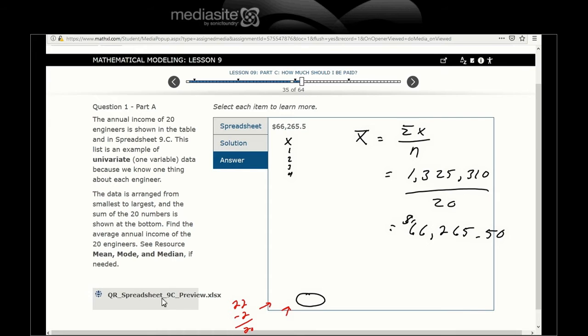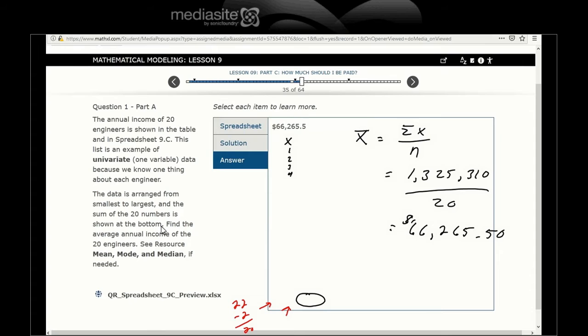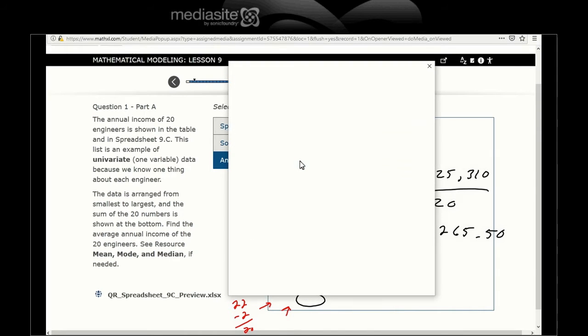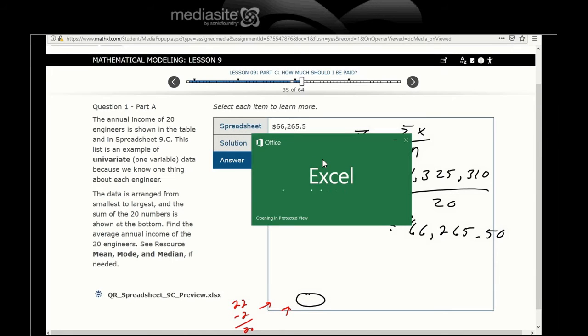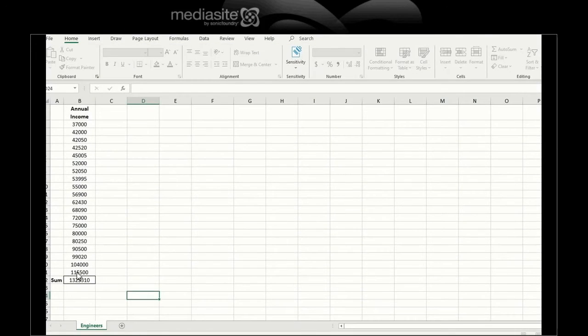All right. What does this guy do? Brings up that graph, actually, with that table. Okay. And see how this sums it all up.